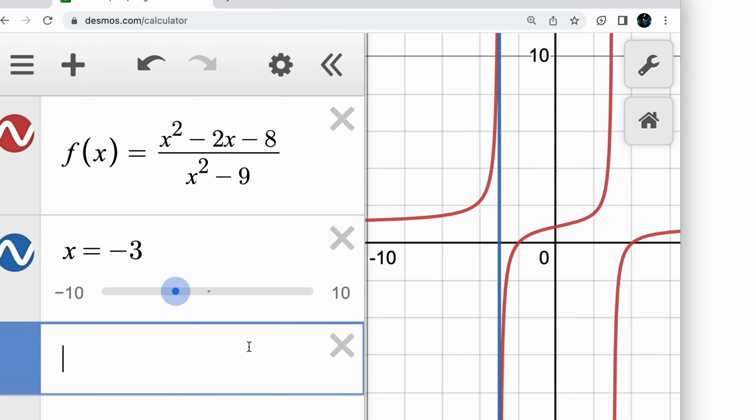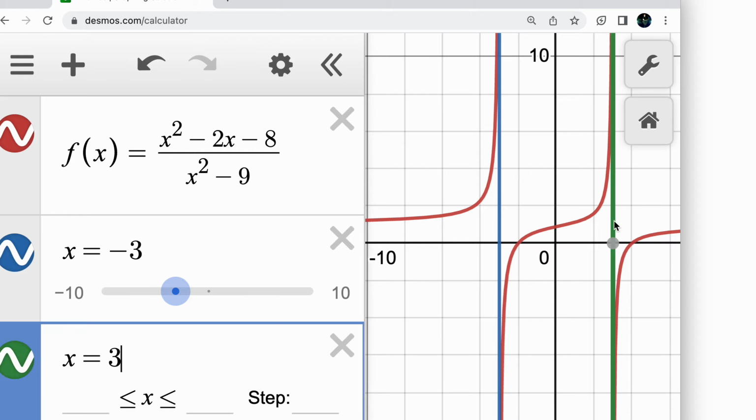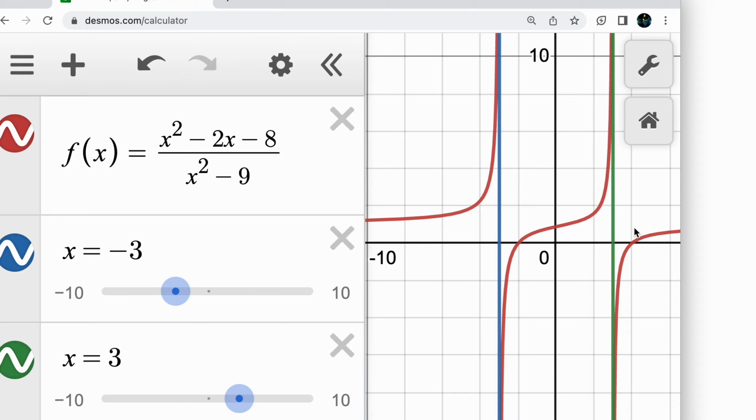It looks like there's another vertical asymptote at x equals 3. Yeah, so those are going to be two vertical asymptotes that we can identify.